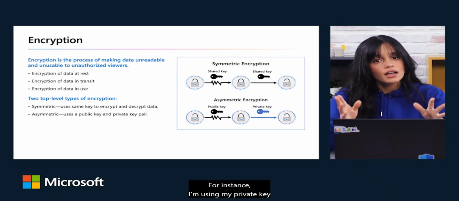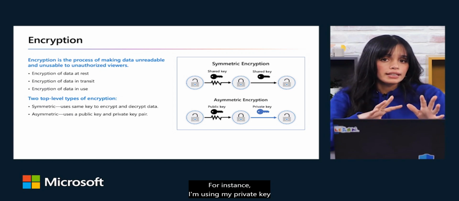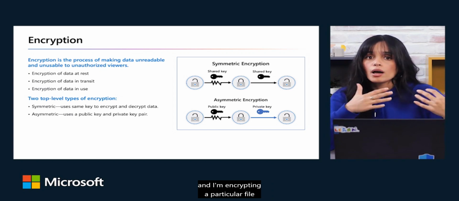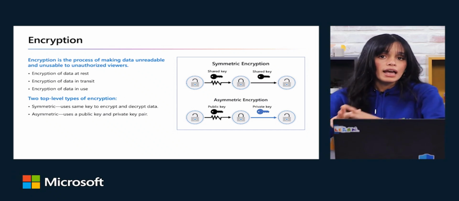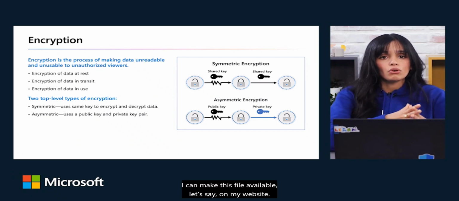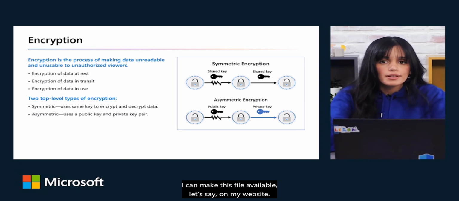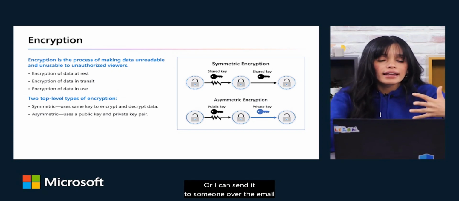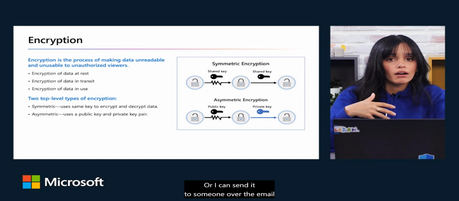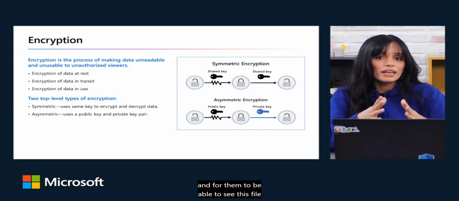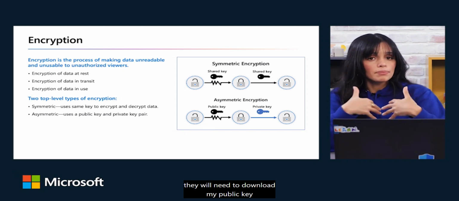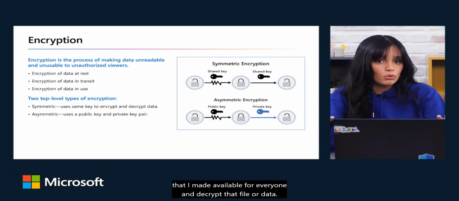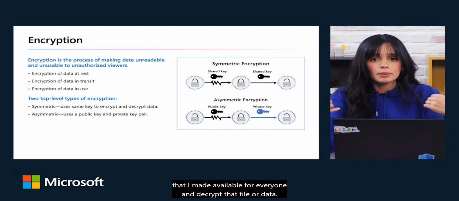For instance, I'm using my private key and I'm encrypting a particular file that I want to share with people. I can make this file available, let's say, on my website, or I can send it to someone over email, and for them to be able to see this file, they will need to download my public key that I made available for everyone and decrypt that file or data.